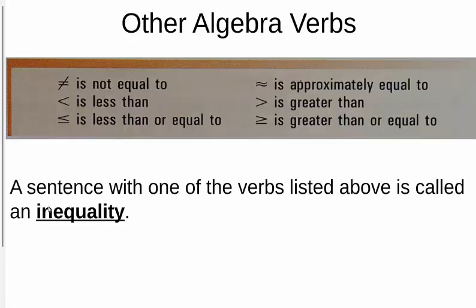So here's a little chart of some other ones. You've probably seen these. If you haven't or you're not sure about them, you might want to pause the video and write them down. So we have the symbol is not equal to, less than or equal to, approximately equal to, greater than, and greater than or equal to. These top 2 are not used as much.